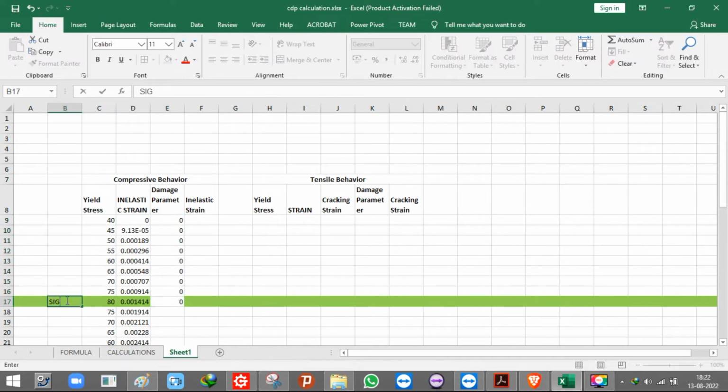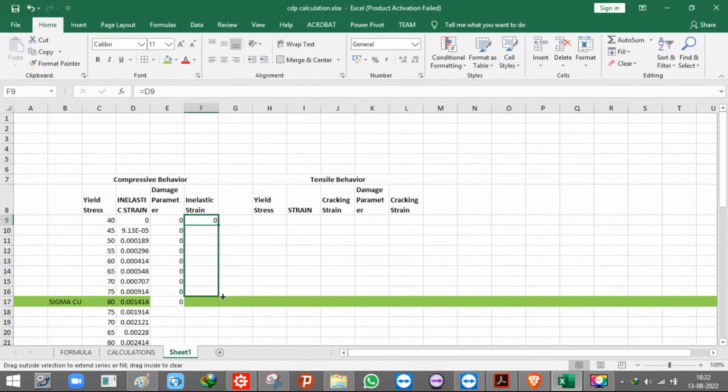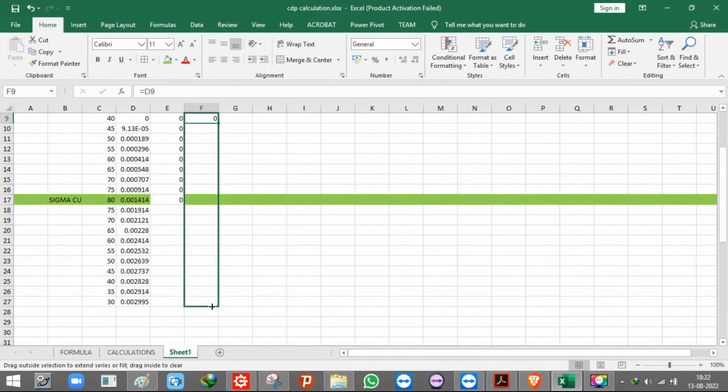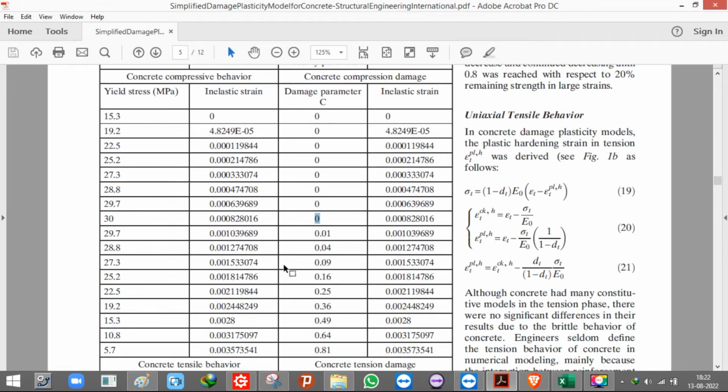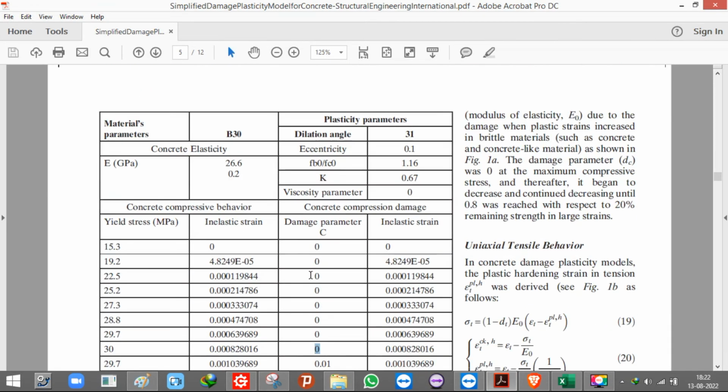This is sigma Cu. Sigma Cu is 80, and after that damage is started, and inelastic strain will be the same that we have calculated for all. You don't have to worry. Just here you'll have to calculate the damage parameter for these values. Now how to calculate? You'll get directly over here.